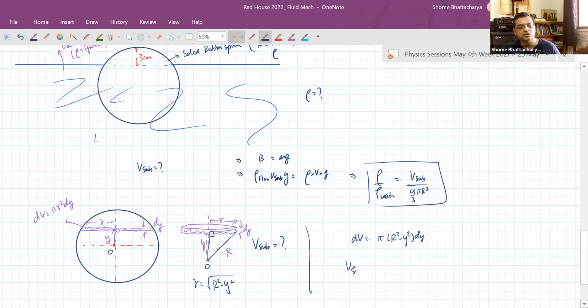So now for the volume of the submerged part, we'll integrate for all the discs which are underwater. So that will become, from y equal to minus 10 centimeters below, to y equal to plus 7 centimeters above, because 3 centimeters is above water.